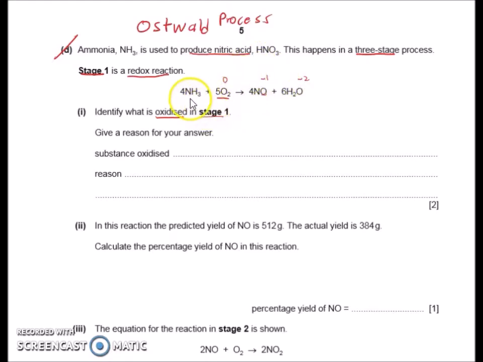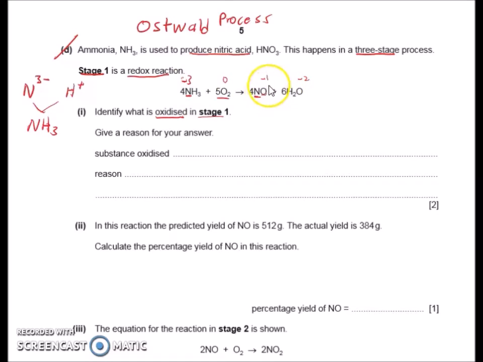Now if we take nitrogen, how are we going to check? Nitrogen will have 3 negative and hydrogen is positive. So that's how they combine, they become NH3. So nitrogen is having a -3 charge.